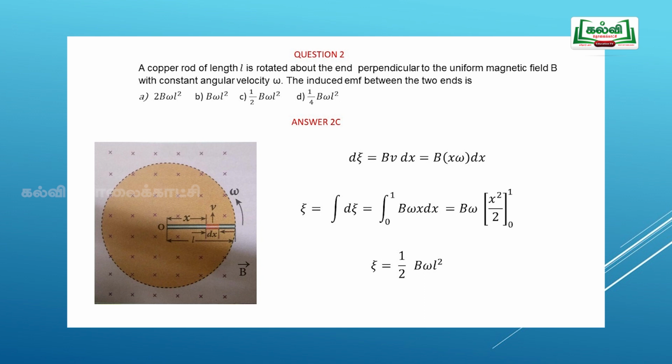Where is this small portion? This small portion is at a distance x. Now, why do we do like this for a small element? Because with the distance x, the velocity v will also be varying.